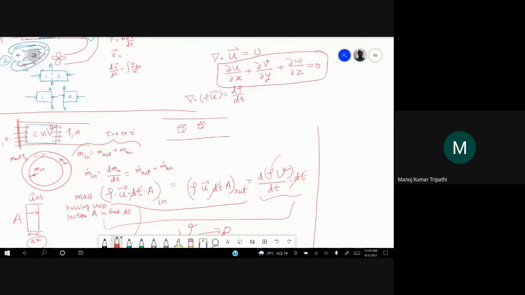If, let's say, it is a one-dimensional flow, velocity in y direction is 0, z direction is 0, or not changing, then the formula is dou u by dou x is 0, or u is a constant.